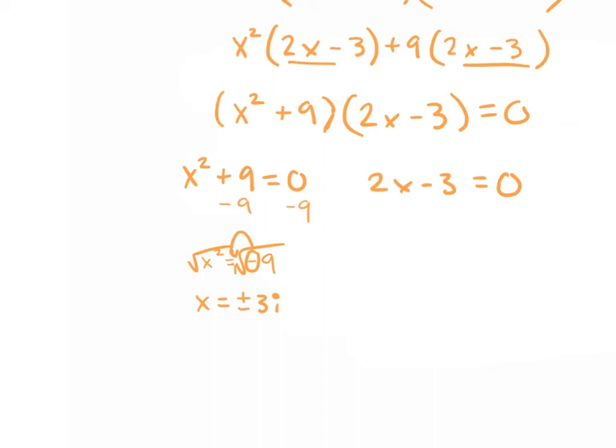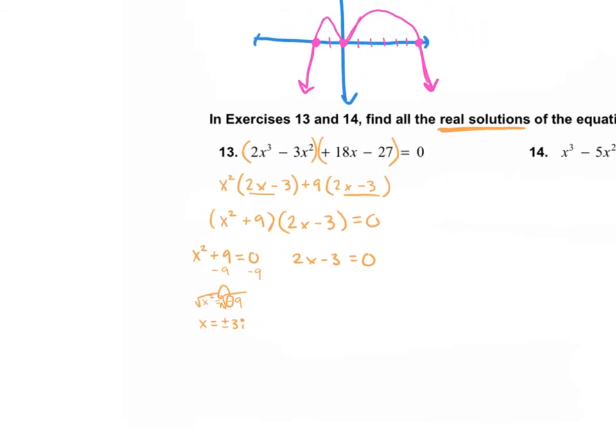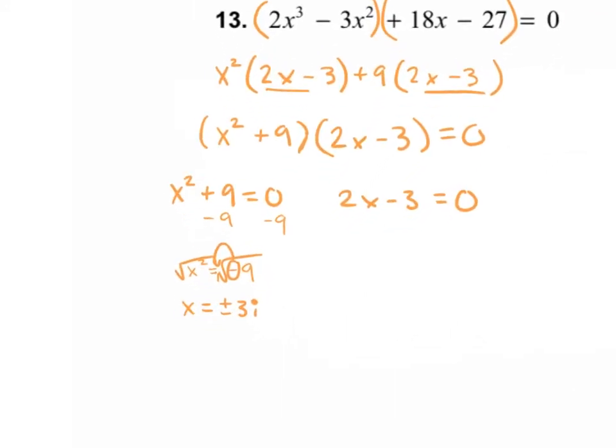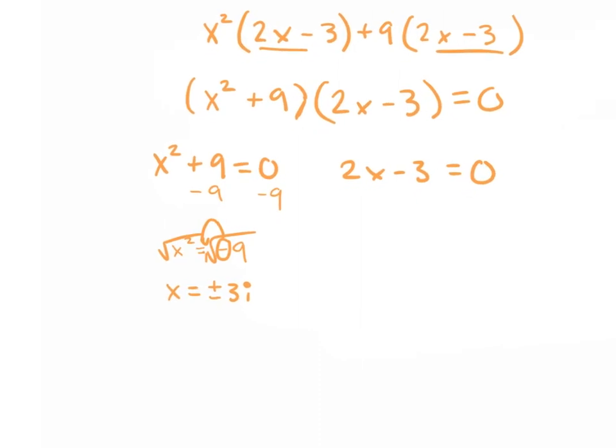Good job. What does the question ask us for? Real solutions. If we have an i in our answer, is that a real solution? No, it's imaginary. So this one doesn't even count. But we still have this one to solve. So let's see what our answer is here.